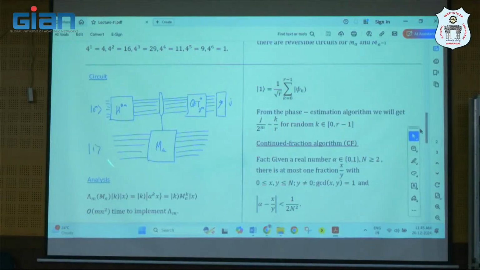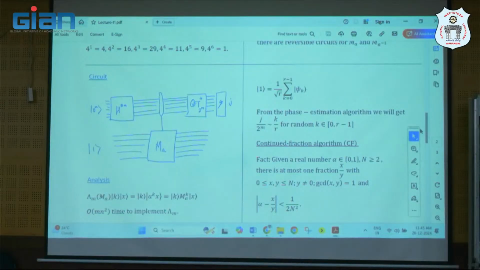So what will happen? If you are feeding a random psi k here, what is the output that you should be getting? Remember, psi k is an eigenvector of MA. Phase estimation algorithm gives us the corresponding eigenvalue. What was the eigenvalue?